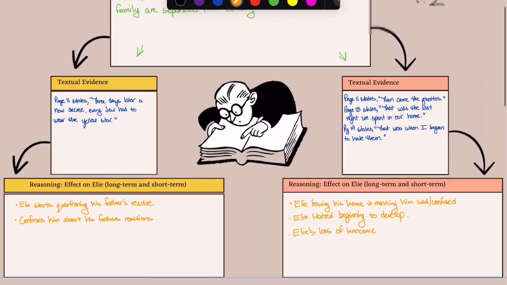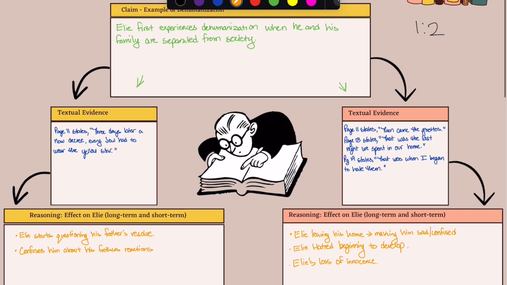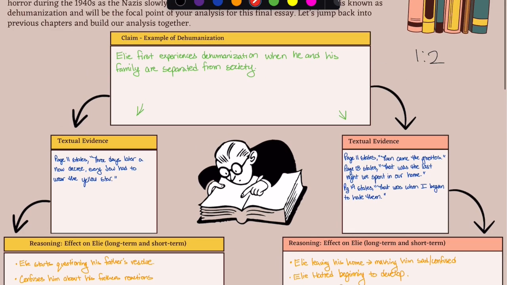So here we have our first body paragraph. We have it all outlined. And remember, we want to go claim, evidence, reasoning, evidence, reasoning. I'm going to go ahead and number this in red. Go ahead and number this with me if you need help remembering. It's going to go claim first, and then your first piece of evidence, and then your reasoning.